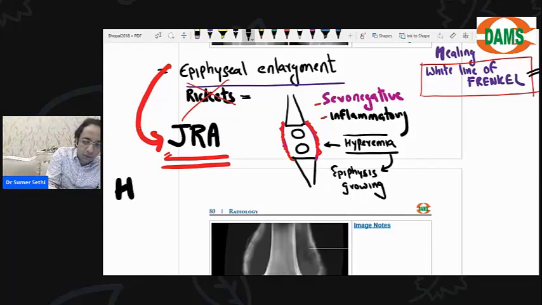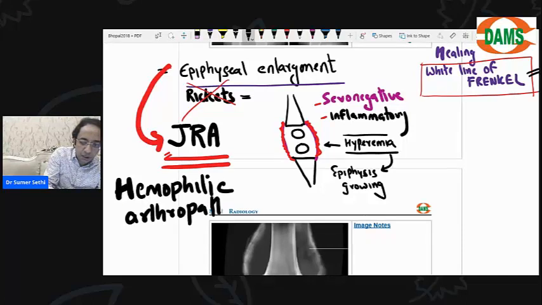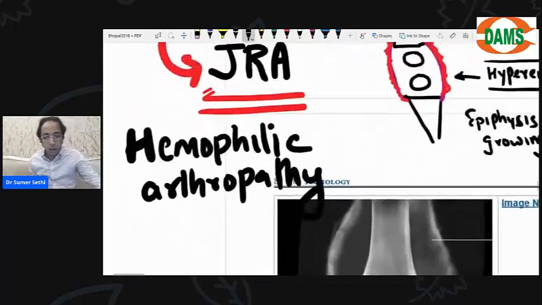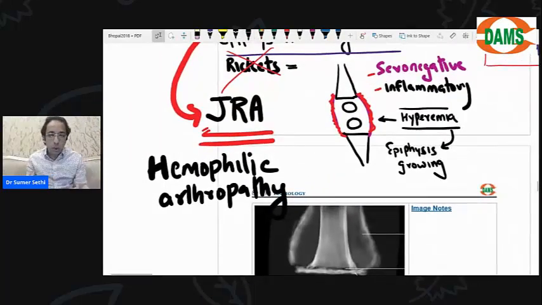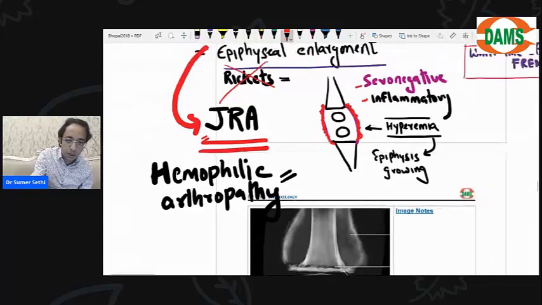But let us add a word here. Even in hemophilic arthropathy, if some patient has hemophilia, then also the joint will have bleeding, and because of hemarthrosis there will be an inflammatory response leading to epiphyseal enlargement.